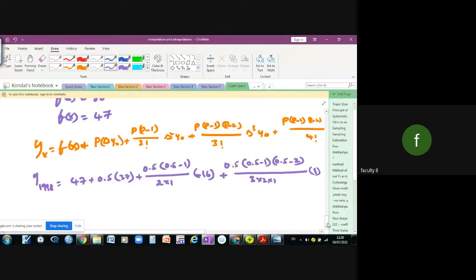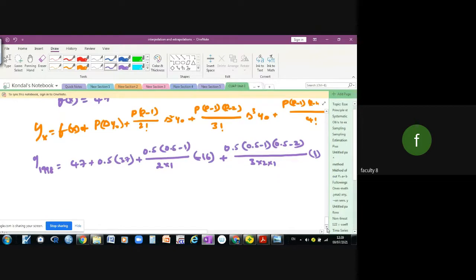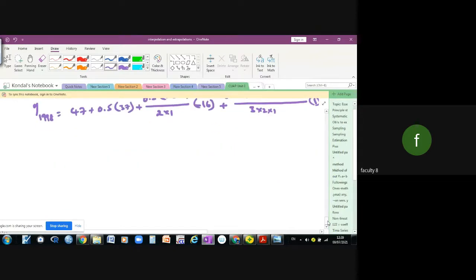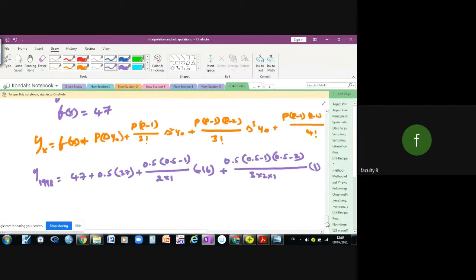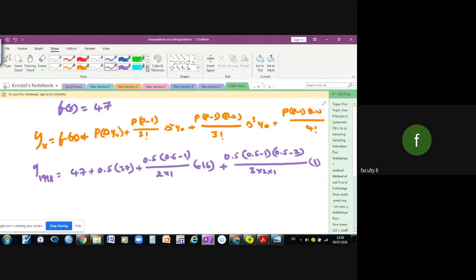So then, see here y is equal to 1998, 47, and here we can multiply 37 into 0.5.